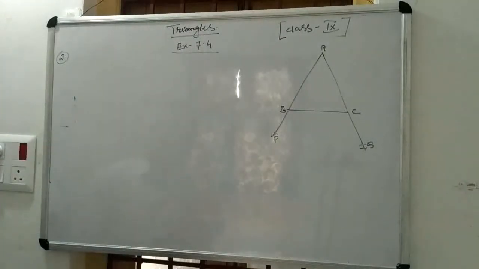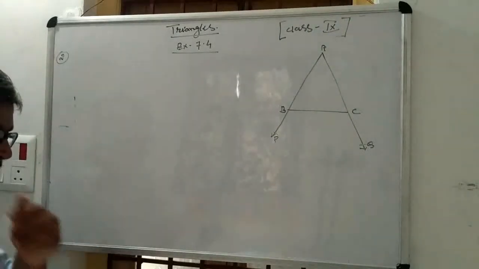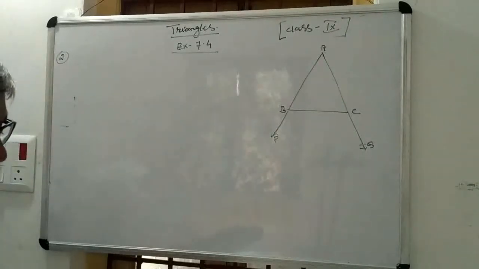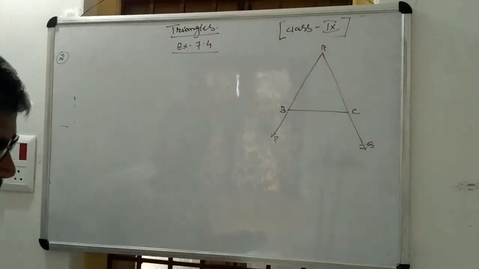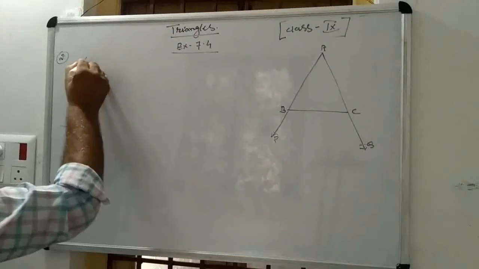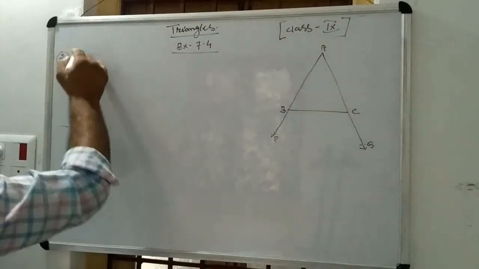Now the question is saying that in the given figure, AB and AC of triangle ABC are extended to points P and Q respectively. First you write given.